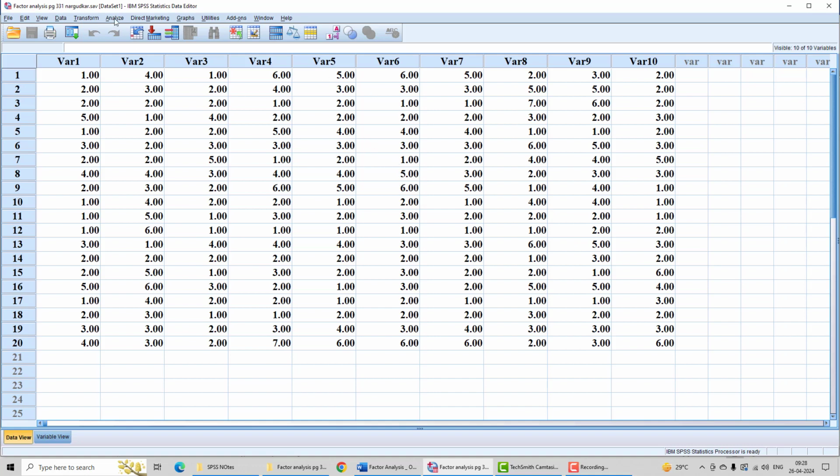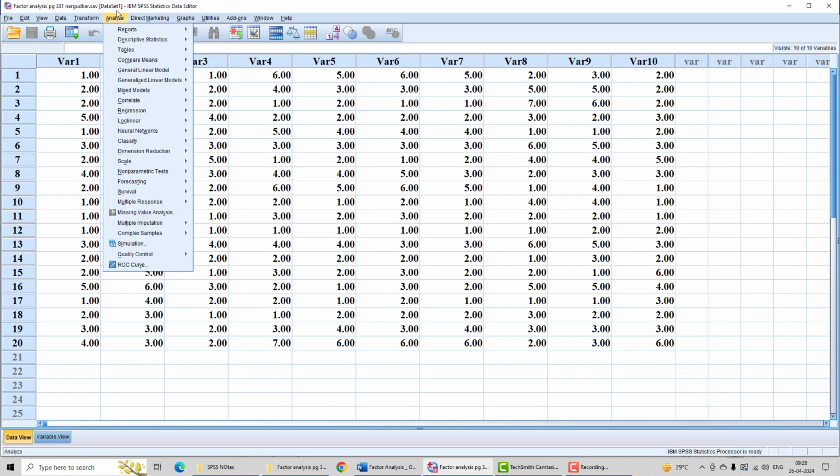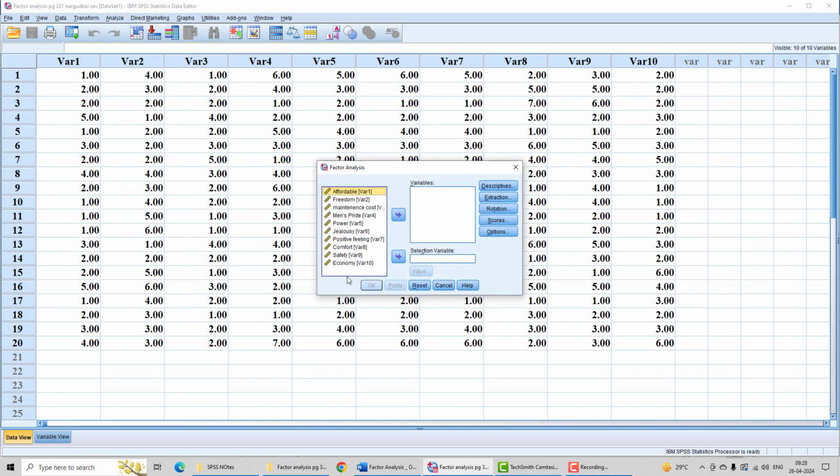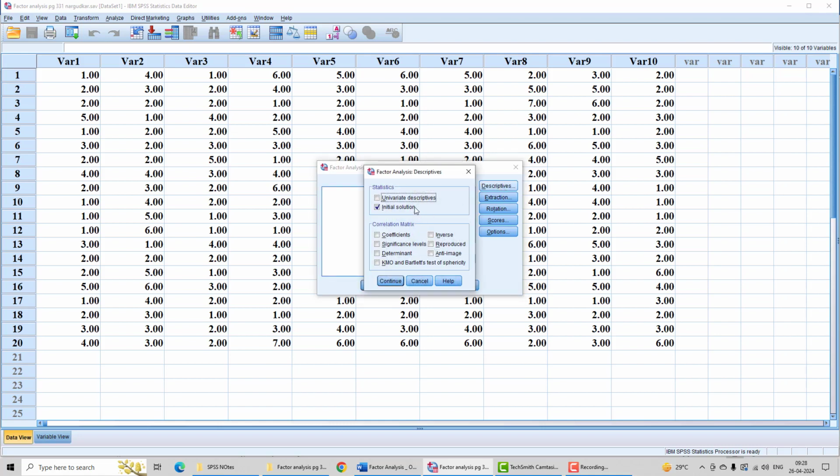For this we need to go to Analyze, Dimension Reduction, Factor. Now select all using the shift key and then go to Descriptives. In Descriptives go for KMO and Bartlett's test of sphericity.